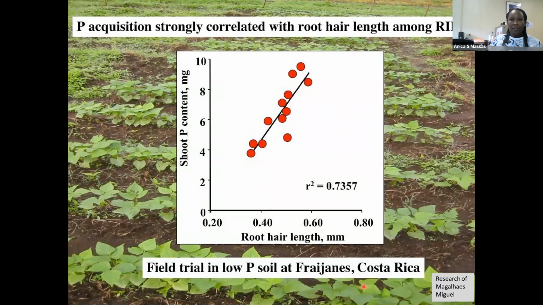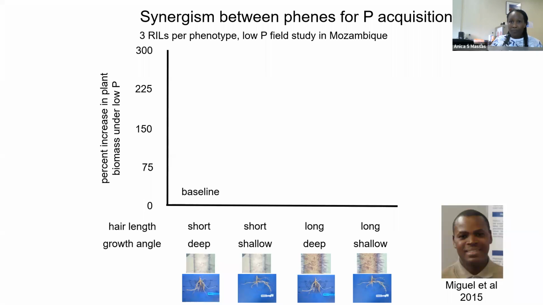So Miguel did a study comparing root hair length and shoot phosphorus content. He found a high correlation between root hair length and shoot phosphorus content. So he looked into the traits root hair length and basal root growth angle.